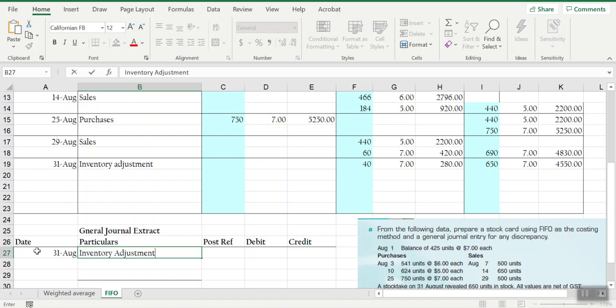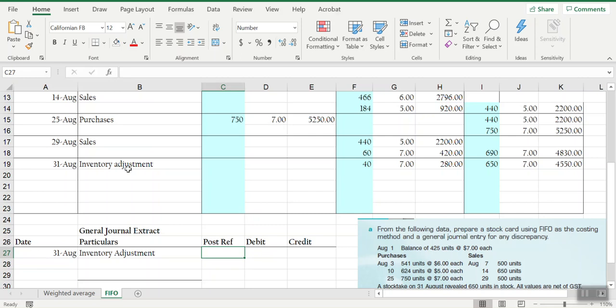So the inventory adjustment account is an expense account, or it can be a revenue account. So if we've got a surplus, that means we've got more, it'll be a revenue account.